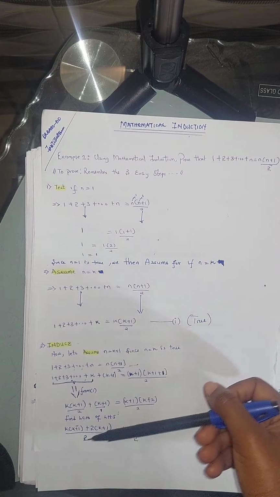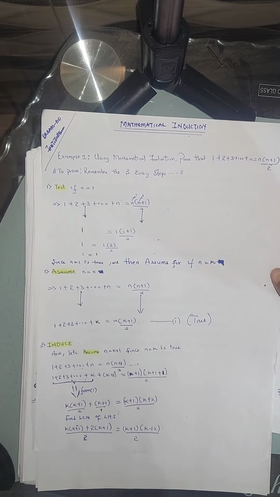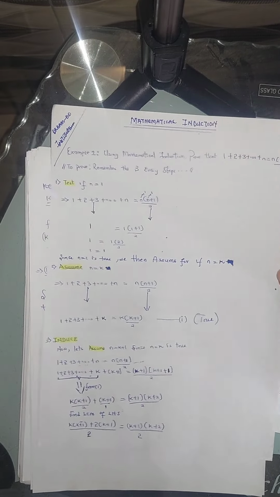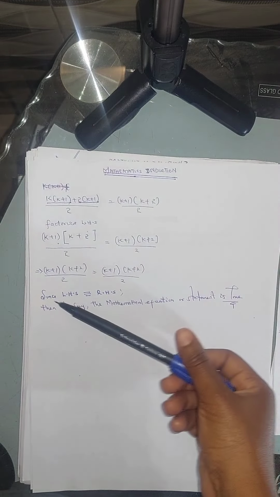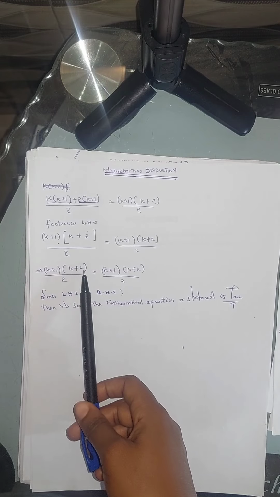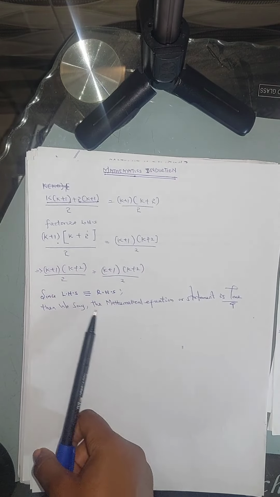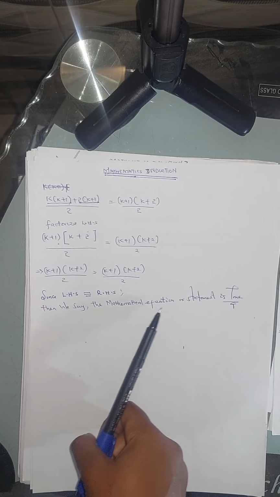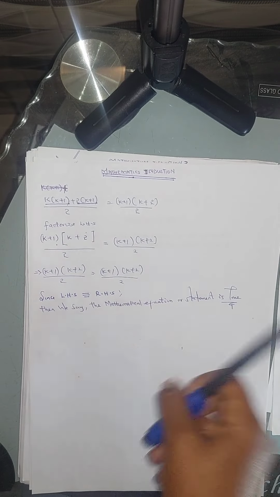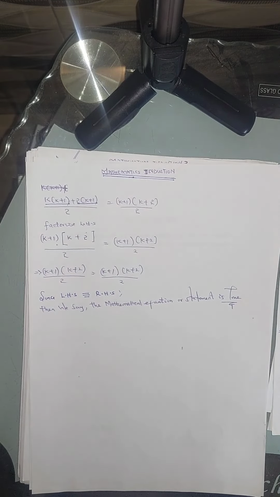So what we just did was try to solve the left hand side so that it will look like what we have on the right hand side, and voila, this is it. We have our k plus 1 k plus 2 over 2 equals to the same thing that we have in the right hand side. Now since this is true, then we say that the mathematical equation or statement is what? True. Okay, I hope you understand.